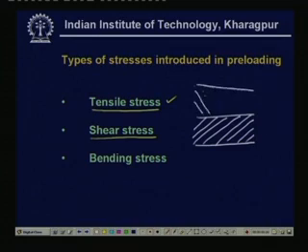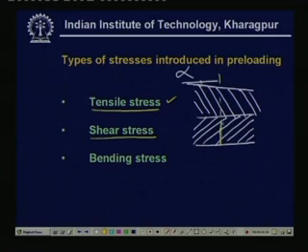So there is some angle alpha between these two, and we use a bolt and tighten. Definitely while tightening, the bolt will bend. So there will be a bending stress developed.